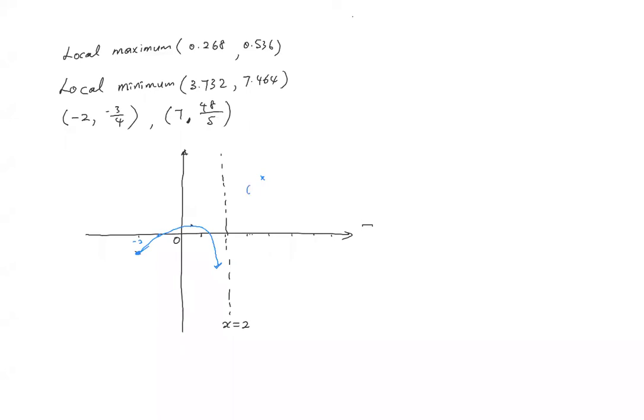So you jot down 3.732. And here, this value is 9 and 4/5. So it's about approximately 9.8, correct? So it will go right like that. And 7 here, about 9.8. So it's about here. So you go like that.